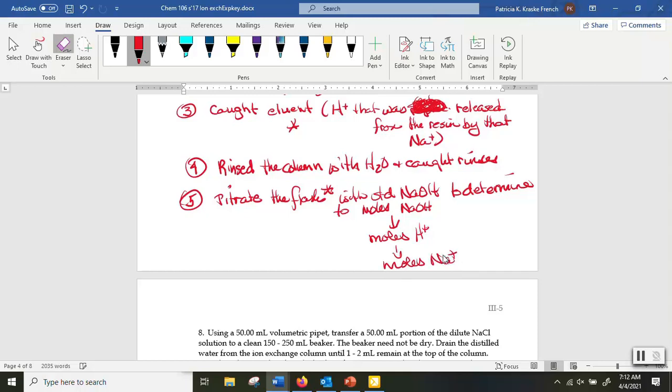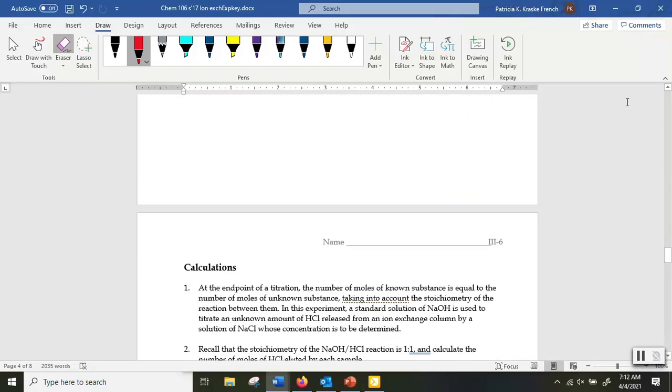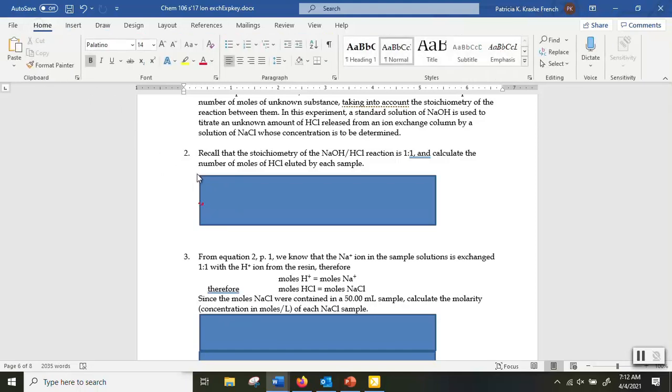So let's go ahead and get started on some of these calculations. I already showed you what we have. The only numbers we have are from the burette. Remember, the burette had to be read to 2 decimal places. We're going to recall that the stoichiometry of NaOH to HCl is 1 to 1, and we're going to calculate the number of moles of HCl eluted.